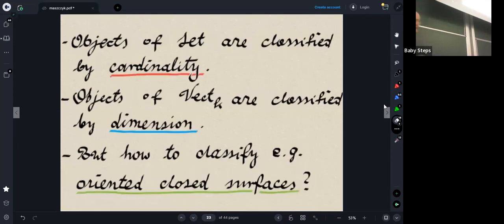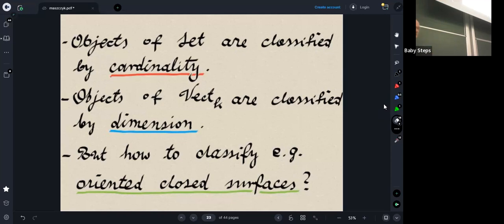For instance, objects of the category of sets are classified by cardinality. Objects of vector spaces are classified by their dimension. But how to classify more complicated objects, non-linear, more complicated from this point of view in that they require a more complicated category?